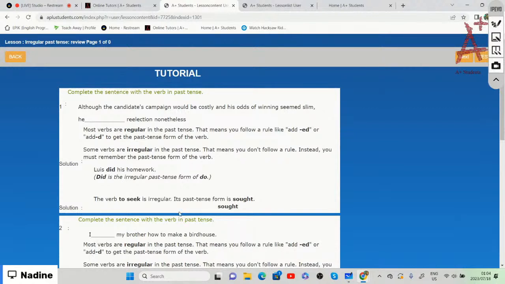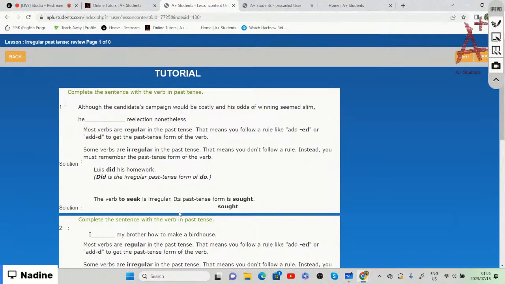And then we have some verbs that are irregular. Irregular verbs within the past tense do not follow rules, which means we do not have a rule that says we need to add ed, or add d, or add an s. With irregular past tense verbs, you must remember that the past tense form of the verb, meaning did, is the irregular past tense form of do.